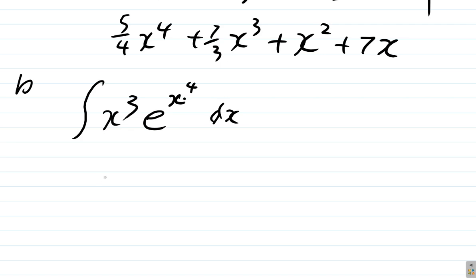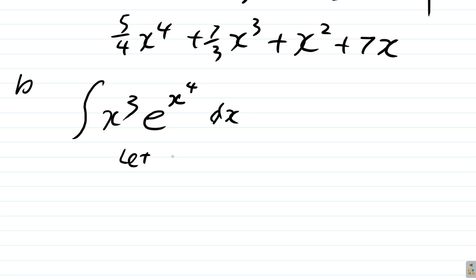Here, you have e raised to a function, but this now, x to the 4th, is another function. It's a function within a function. And it's multiplied by another function. So, let's see if we can use substitution.